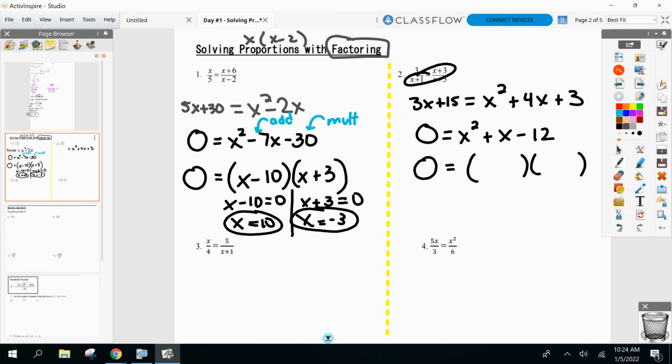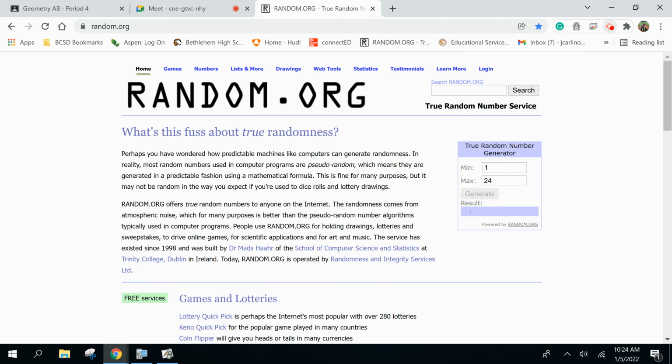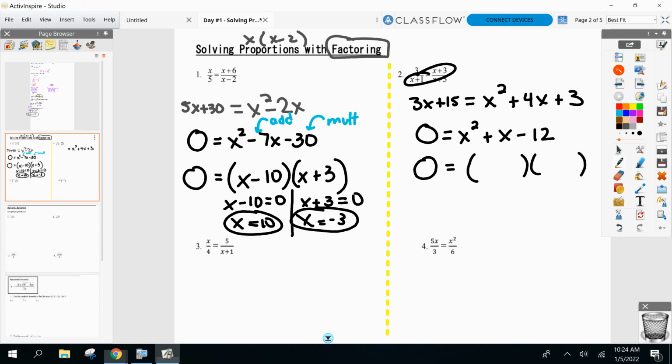And what are your numbers? What are your numbers here? I don't know yet. Is it 3 and 4? All right, 3 and 4 are your numbers.